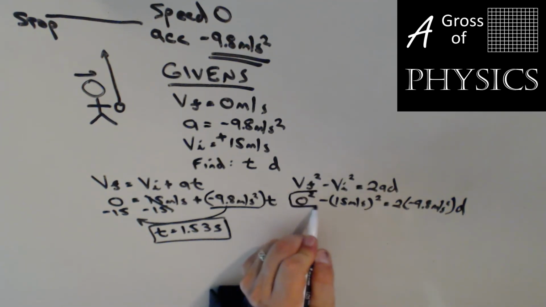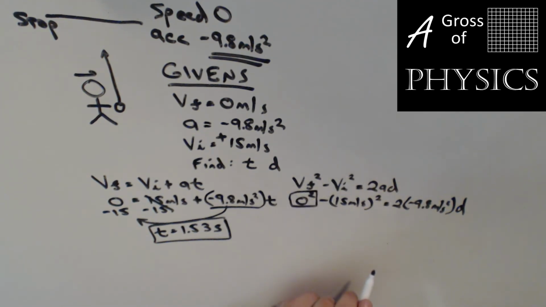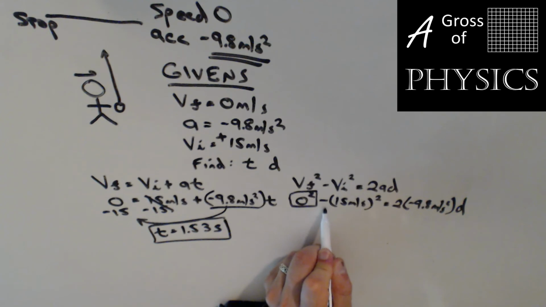Now, this 0 here, I didn't put a unit. And many times that's a judgment call, whether or not the units should be in for the 0. If there's a term that cancels out, we typically allow a little bit of leeway with those units.